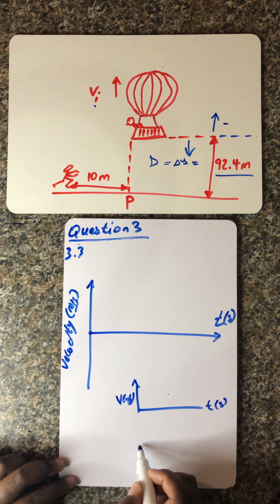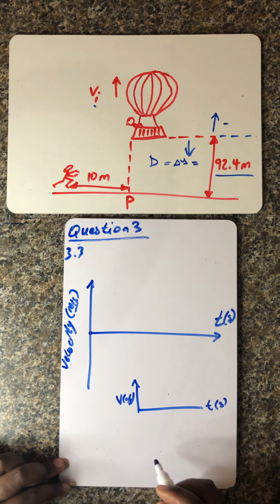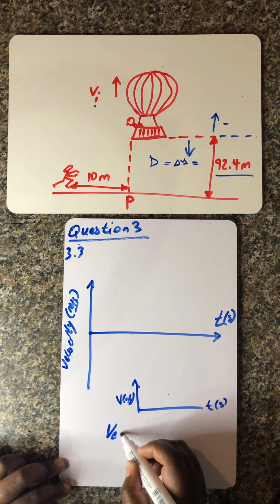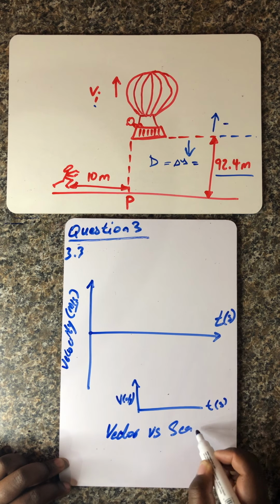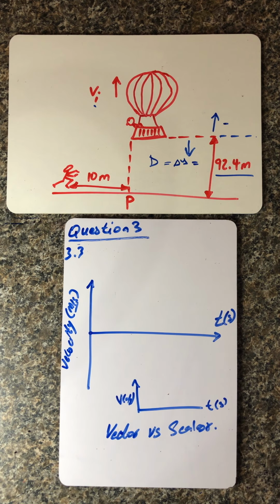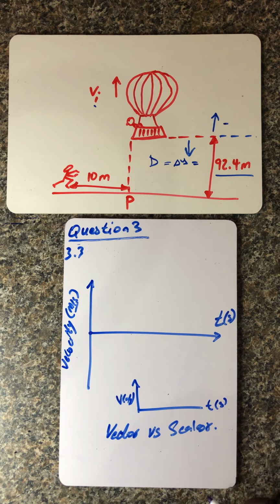Why did I extend it up to somewhere there? Ladies and gentlemen, it's because, remember, this is a vector versus a scalar graph.